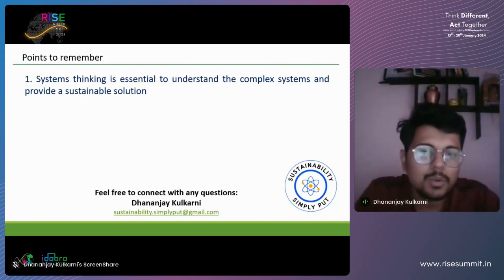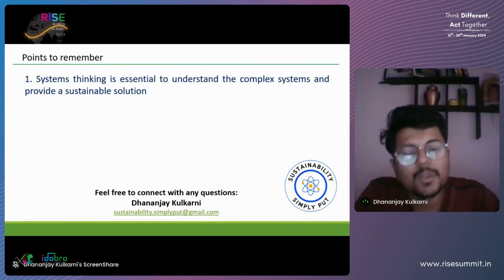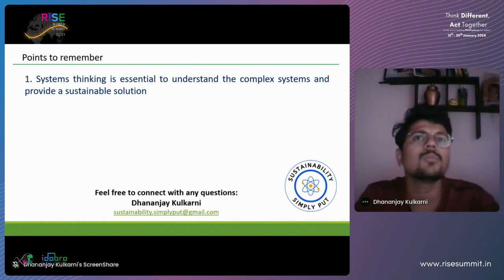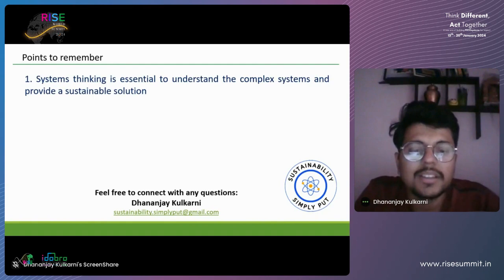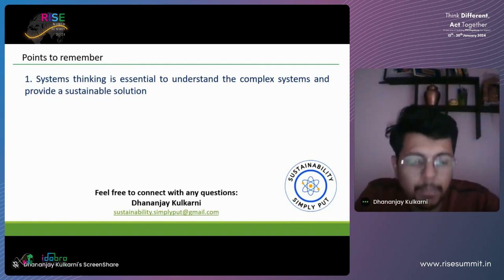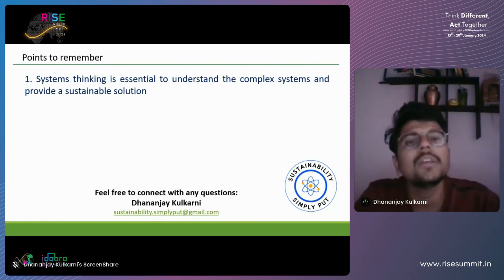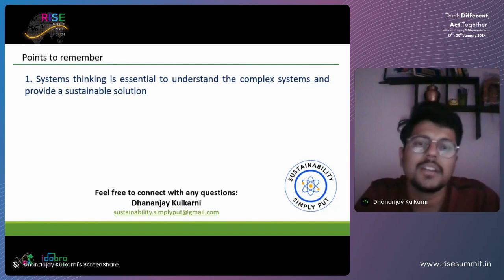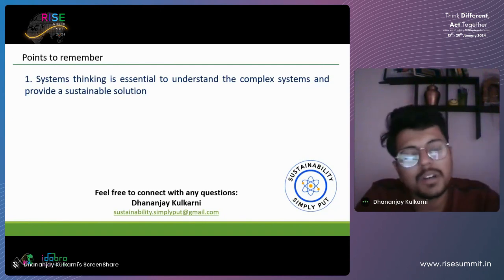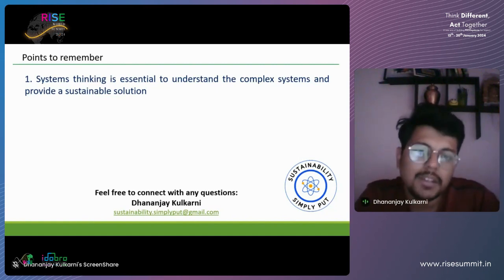When we talk about long-term solutions, or solutions that solve the problem from the root cause, systems thinking is important at its core, because only then can you understand how different elements are interacting, and how the goal and function of the entire system is also impacting.